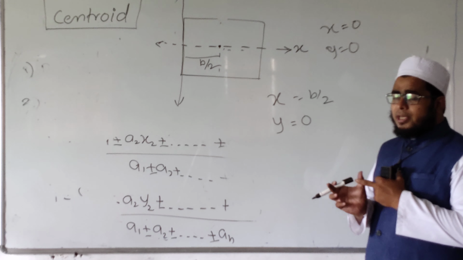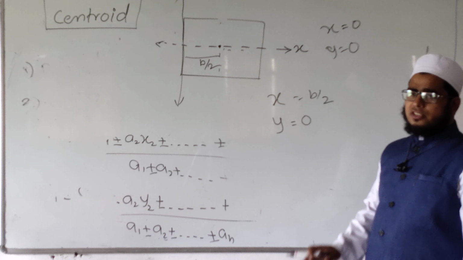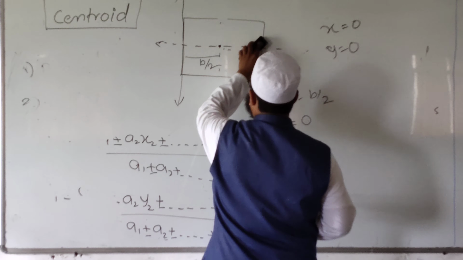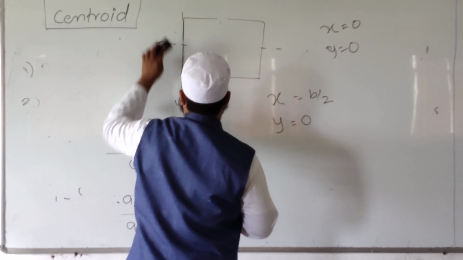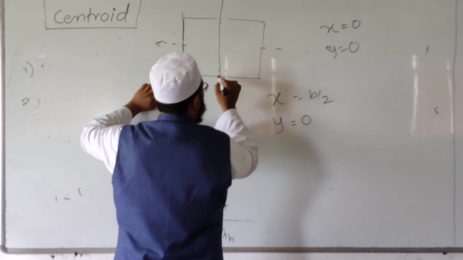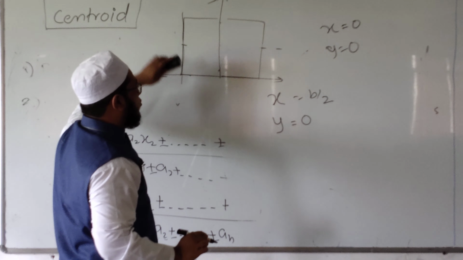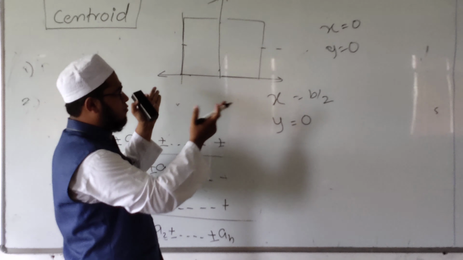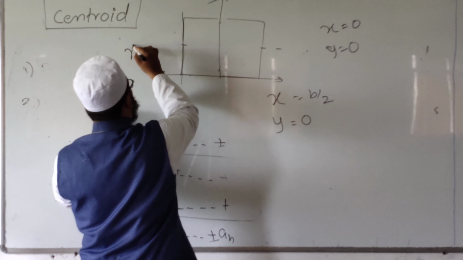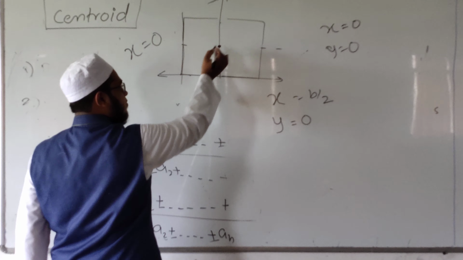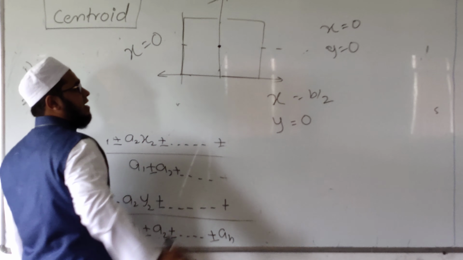If the figure is symmetrical about the x axis, the y coordinate is 0, and if the figure is symmetrical about the y axis, like this, where the y axis divides the figure into two equal parts, then the x coordinate of the centroid is 0, because the centroid is at this point which is located on the y axis.